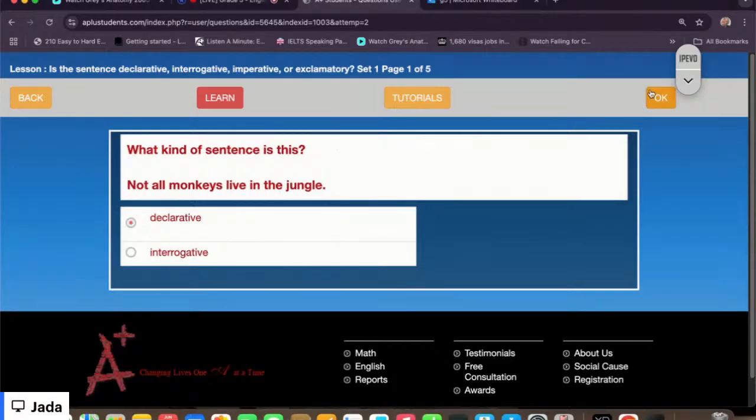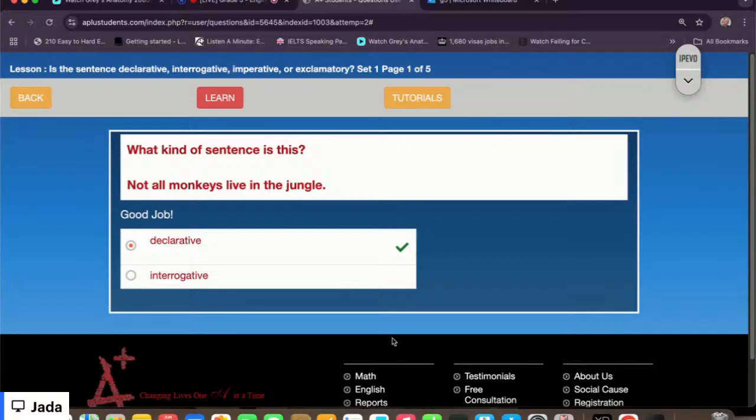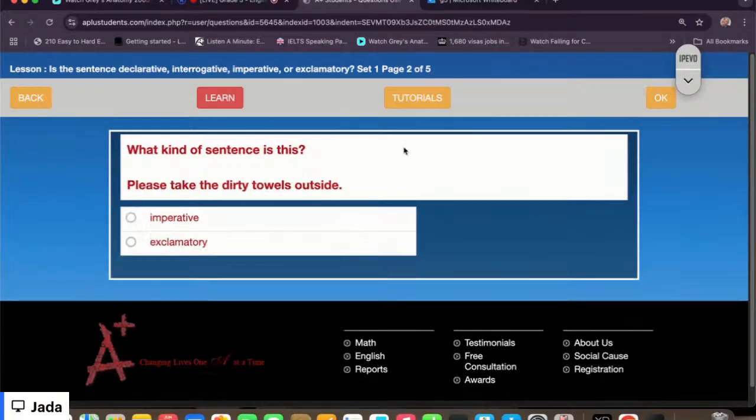All right, so we have declarative, so it tells us about something. All right, please take the dirty towels outside.